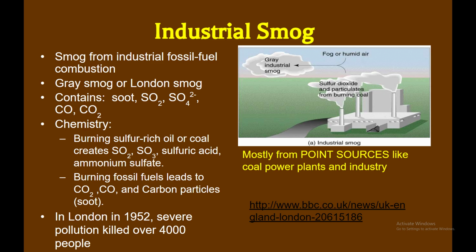They burn sulfur-rich oil or coal, and they create things like sulfur dioxide, sulfur trioxide, sulfuric acid, and ammonium sulfate, and they burn fossil fuels as well, which leads to carbon dioxide forming, carbon monoxide being released into the atmosphere, and soot particles of carbon. And in 1952 in London, this industrial smog killed over 4,000 people.